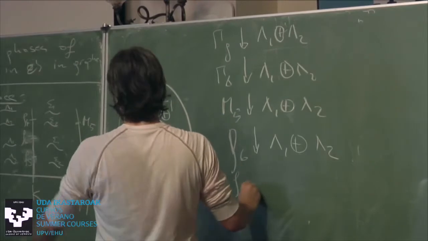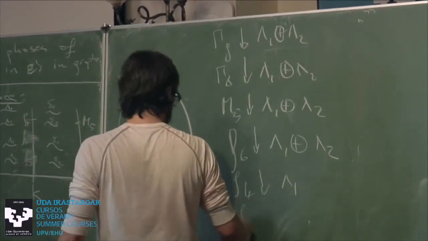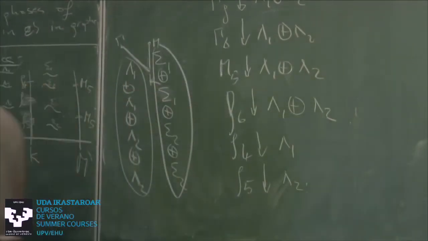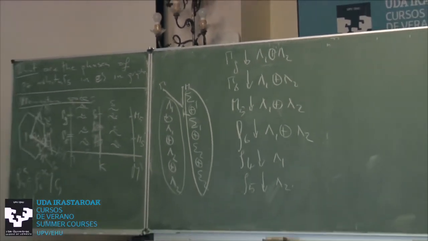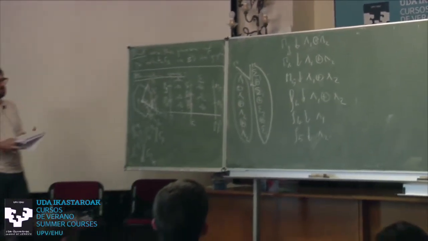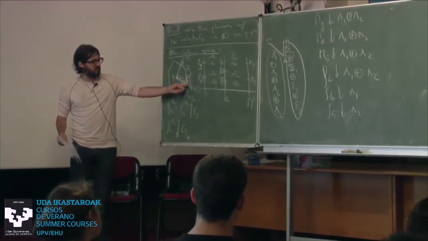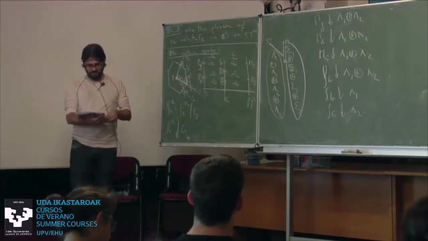The rho 4 representation is one-dimensional and breaks up into lambda 1, and the rho 5 representation breaks up into lambda 2. Okay? That is just group theory, and it's just knowing the characters of this representation, which we know, and the characters of this one, and then I can just find out how they decompose.